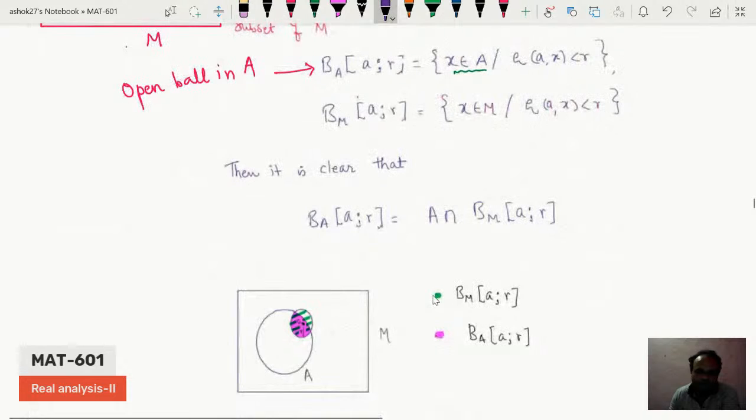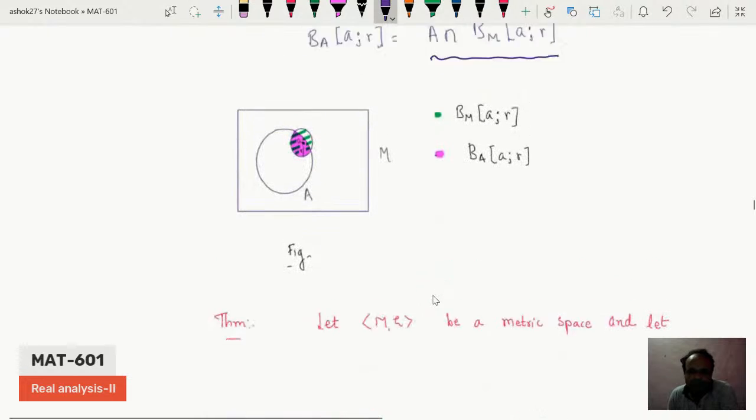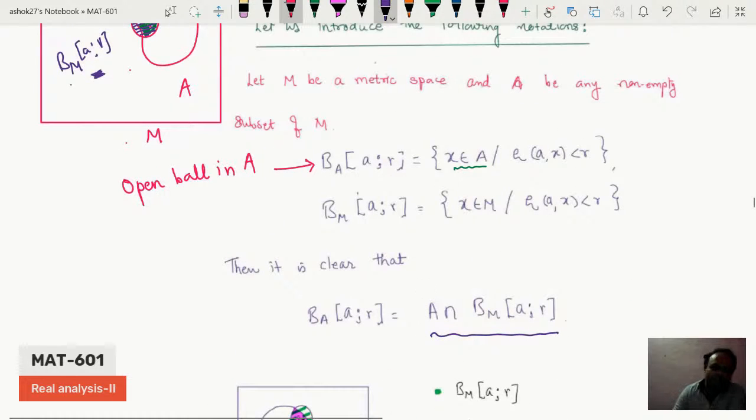So what is the open ball about a with radius r in A? Naturally it will be the intersection of the open ball in M with A. So A intersection B_M(a, r) will be the open ball B_A(a, r). This is a useful relation which we'll use in future.